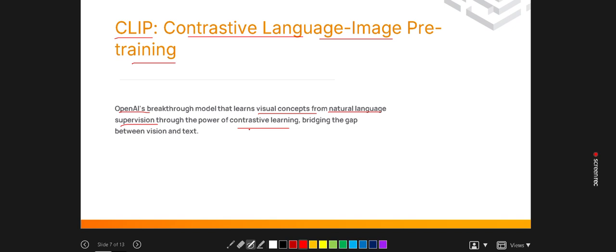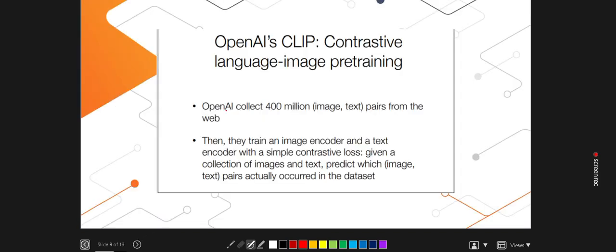First, CLIP is a model that was trained on a huge amount of data. When NLP was coming in and transformers were there, combining vision and natural language processing came in too. At that time we didn't have the data, so the OpenAI people collected around 400 million pairs from the web.